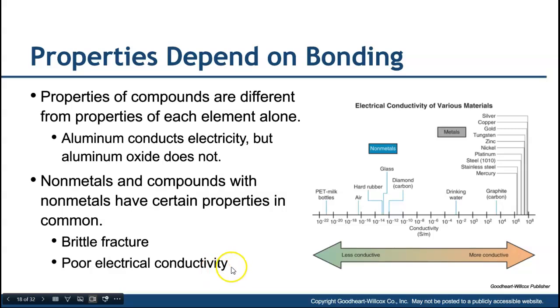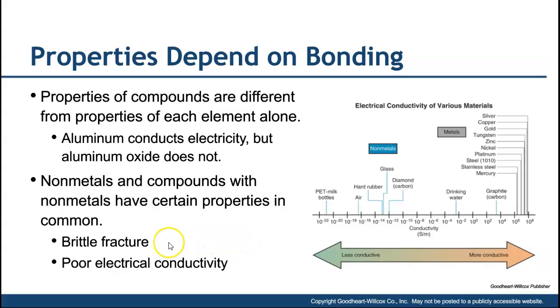Here are some of the properties that depend on bonding. If we're looking at compounds versus the properties of each element alone, aluminum conducts electricity, but aluminum oxide does not. As we take a look at these charts, we do get certain metals that are more conductive and certain things that are less conductive. Nonmetals and compounds with nonmetals have certain properties in common.